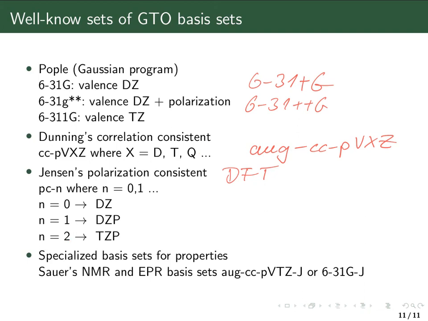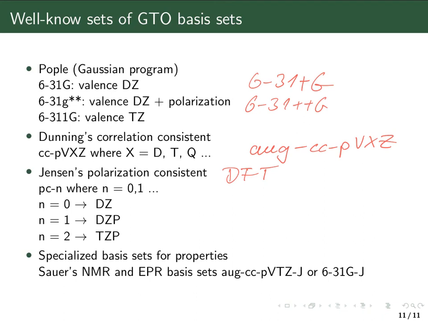Good. All these three series of basis sets, Pople's, Dunning's, Jensen's, are all made and optimized for the calculation of ground state energies. And they work very well for those. But we're often also interested in a lot of other properties like excitation energies, or for example NMR coupling constants or ESR spin-spin coupling constants.